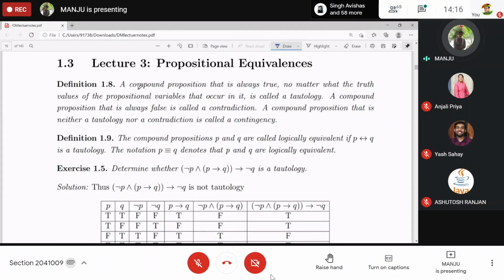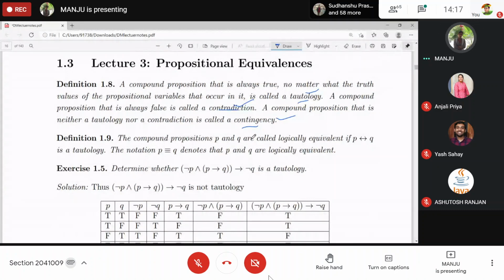On the basis of truth values, a compound proposition can be classified into tautology, contradiction, and contingency. If it is always true, it is tautology. If it is always false, it is contradiction. If sometimes false, sometimes true, it is contingency, that is neither tautology nor contradiction.